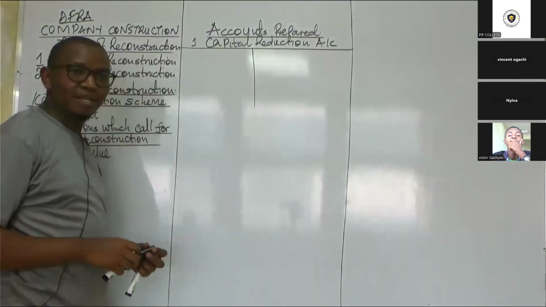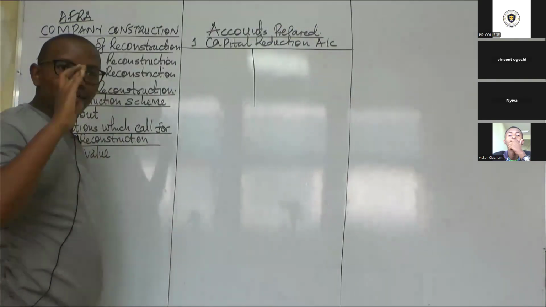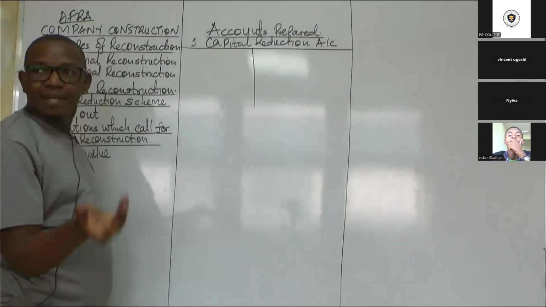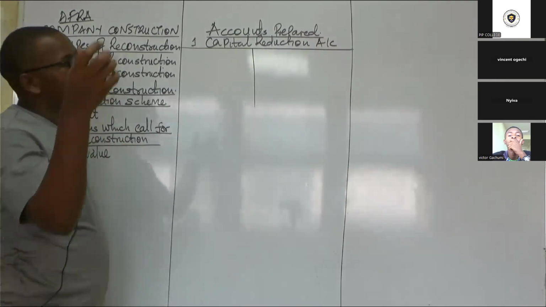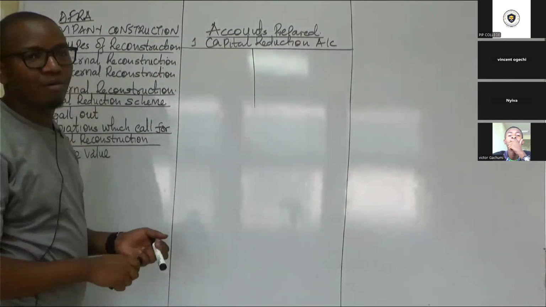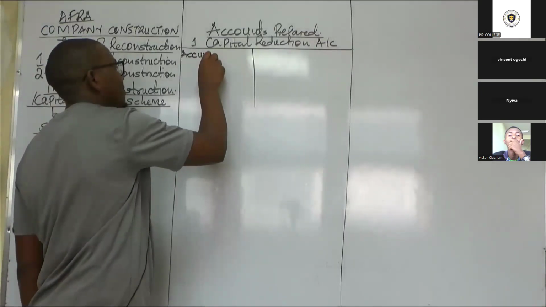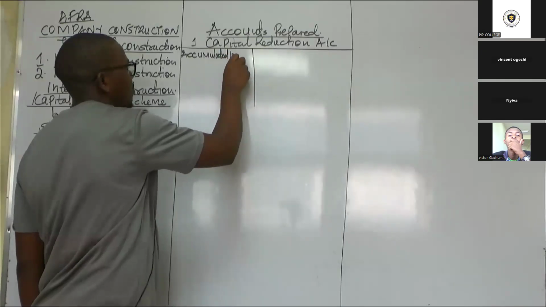Isn't it true? If the loss is on the debit side of the retained earnings, to eliminate it you have to credit the retained earnings, then I debit the capital reduction. So that is why accumulated losses will also have it here, loss.